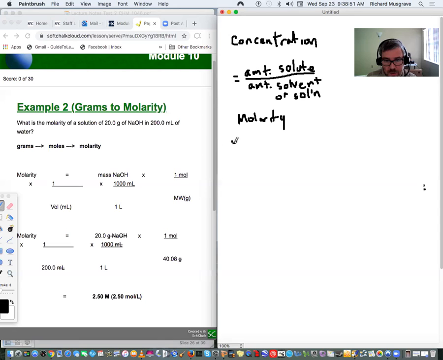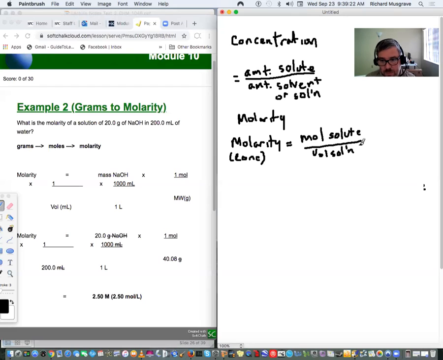So we know that molarity, which I said is going to be pretty much interchangeable with concentration, at least for this module, is going to be moles of solute divided by volume of solution in liters. And that way the unit will come out to be moles per liter.